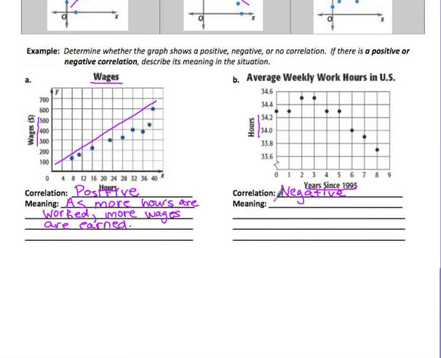So since 1995, the average weekly work hours in the U.S. have declined, gone down, etc. Have declined yearly. And I would say that to show that it keeps going down. It's not just that once it went down, but it keeps going down. And that's it. You're done with that.